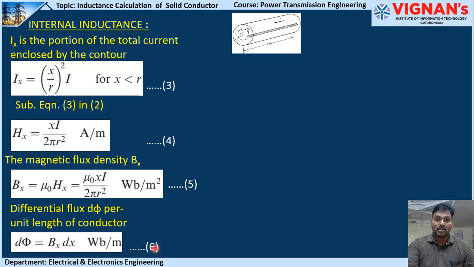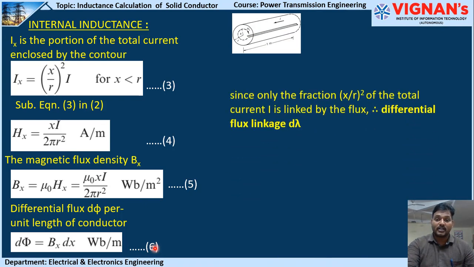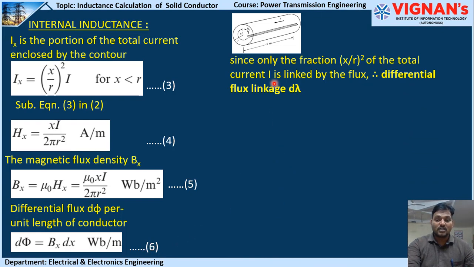Now, in order to determine the differential flux linkages, this is quite tricky. The differential flux linkage is given by d lambda. Here, you can see this diagram. The differential element is given by this rectangle, a cross-sectional rectangle. It is carrying a fraction of the current that is given by equation number 3.